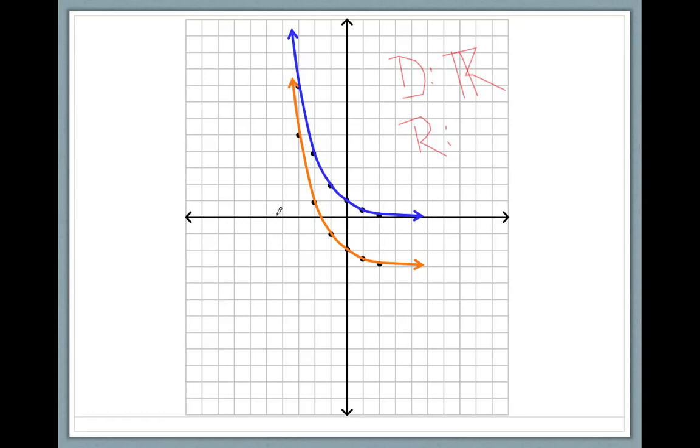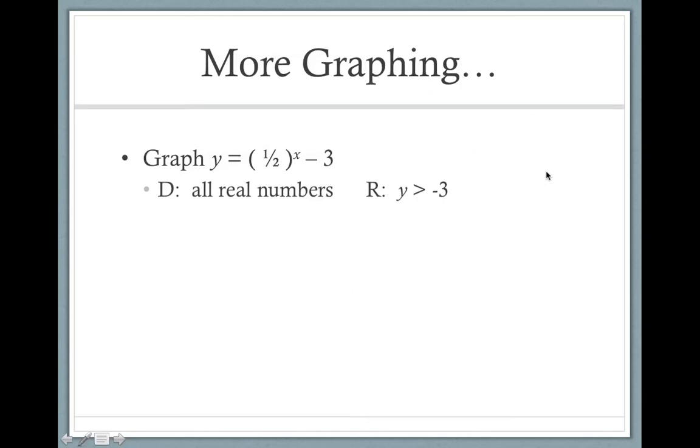So now instead of y being greater than 0, we now have a y that has to be greater than -3. And so there's our domain, all real numbers, and there's our range for this function. Y is greater than -3.